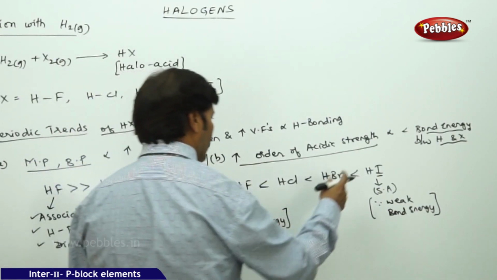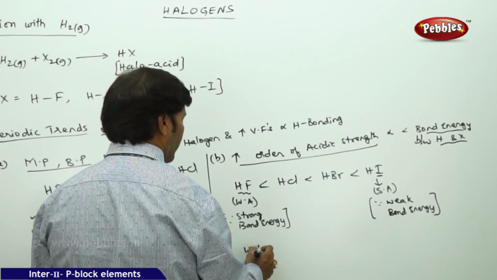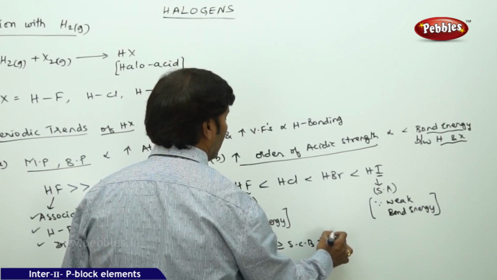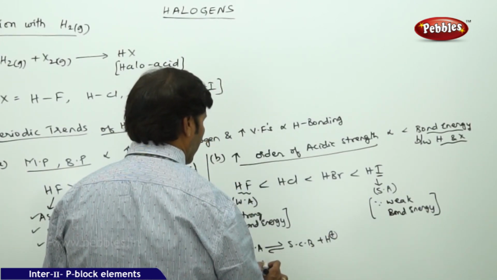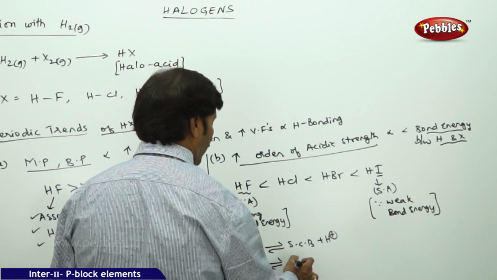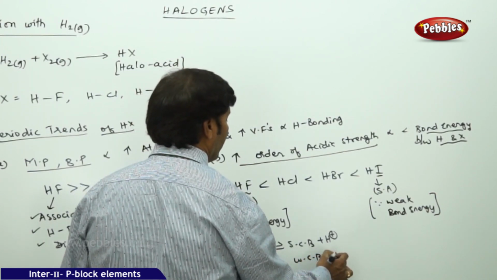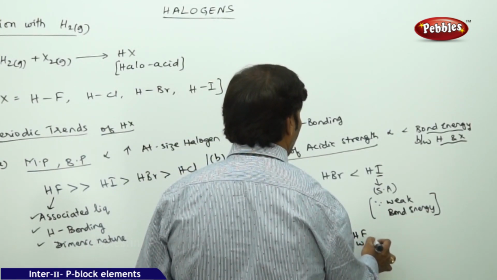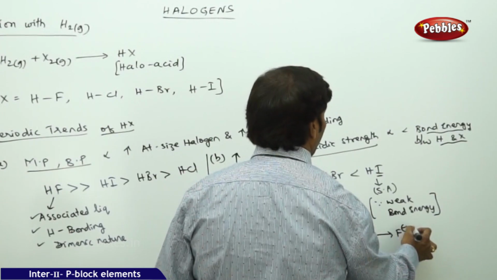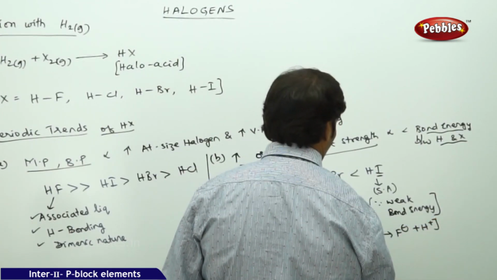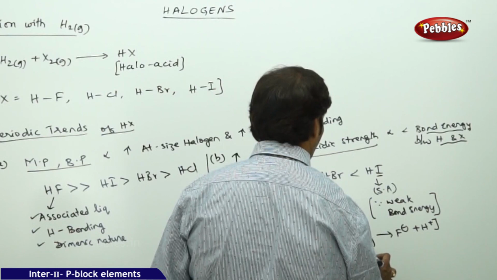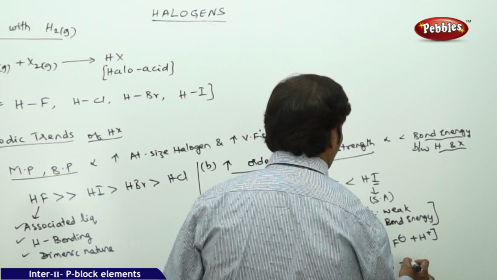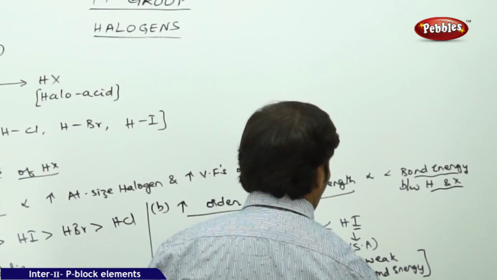So therefore you know very well that weak acids always give a strong conjugate base by release of proton according to the Bronsted-Lowry theory, and strong acids always give weak conjugate bases by release of proton. So since HF is a weak acid, its conjugate base is going to become F minus plus H plus ion, and if you go for HI, which is a strong acid, it gives I minus plus H plus ion.